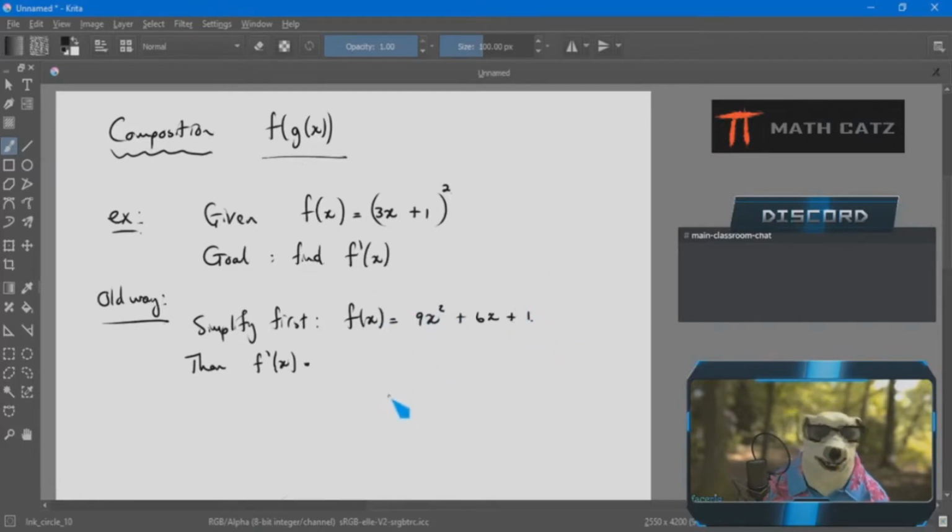A whole bunch of properties, but we are more comfortable with them because we've seen them. We've gotten used to them. We've practiced them. They are feeling a little bit better. So we'll have 18x plus 6. And of course, I shouldn't even have to say it, but if you have any doubt about the 18x plus 6, then this is not the lecture for you.